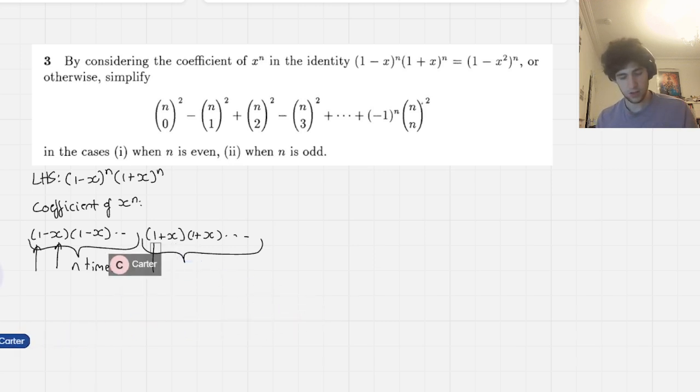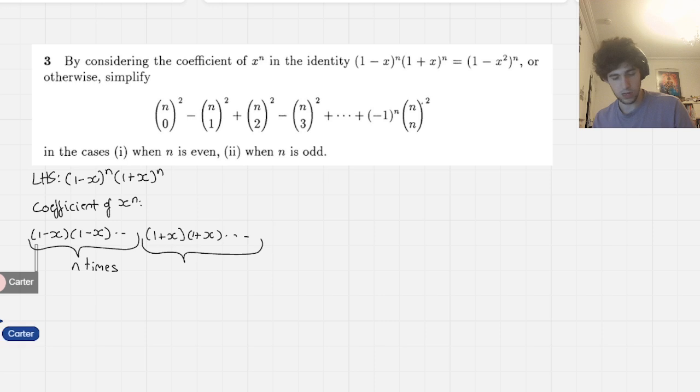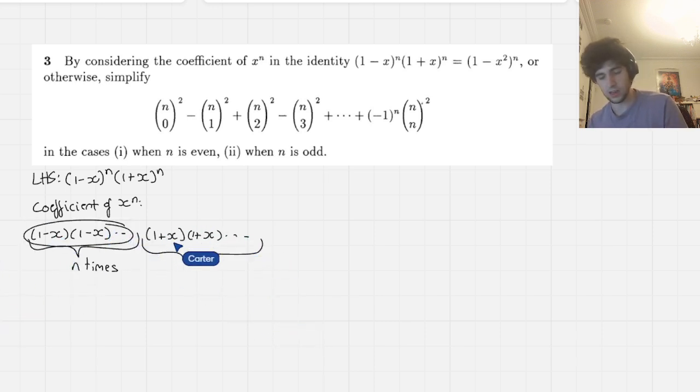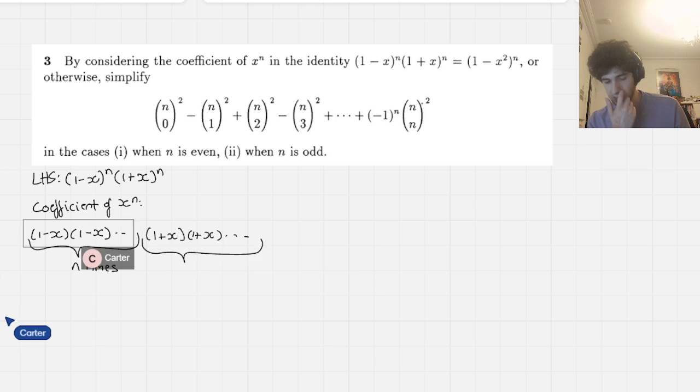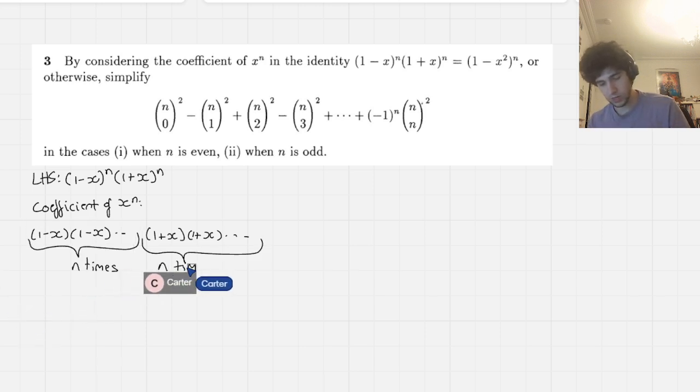So if I were to use up all my x's over here, then I would already have x to the n, and I couldn't use any x's up over here. But there are other ways to do it as well. I could get x to the n in a few ways, so we're going to think about how many ways we could do that.